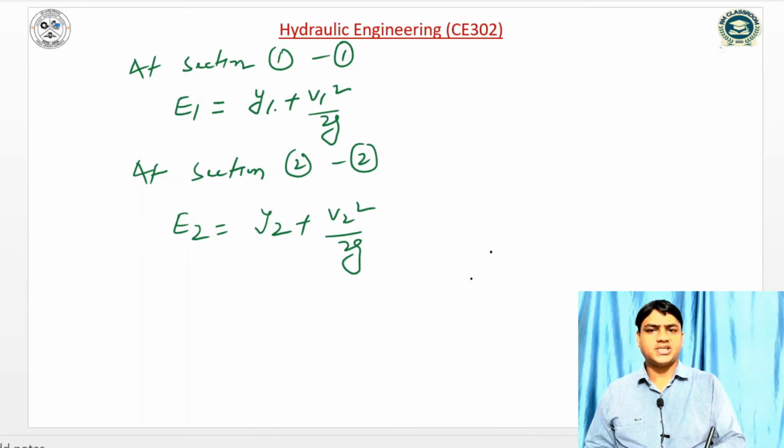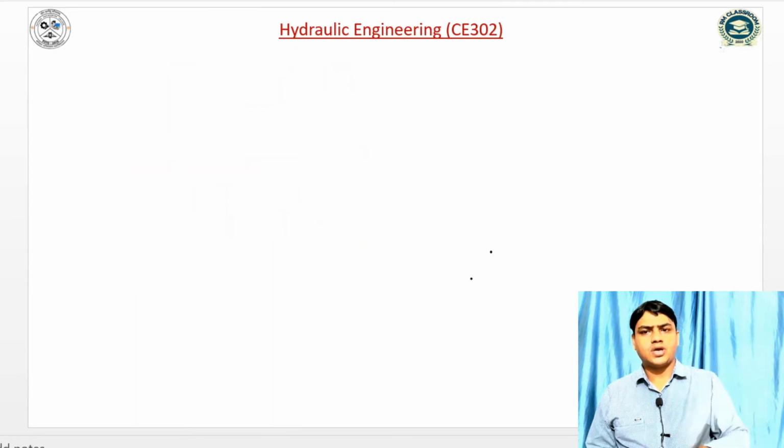The total energy at section 1 can be written as Z1 plus Y1 plus V1 square by 2G, and at section 2 Z2 plus Y2 plus V2 square by 2G, where Z1 is the datum head at section 1, Y1 is the depth of flow and V1 square by 2G is the velocity head at section 1. Similarly, Z2, Y2 and V2 square by 2G are the datum head, depth of flow and velocity head at section 2.